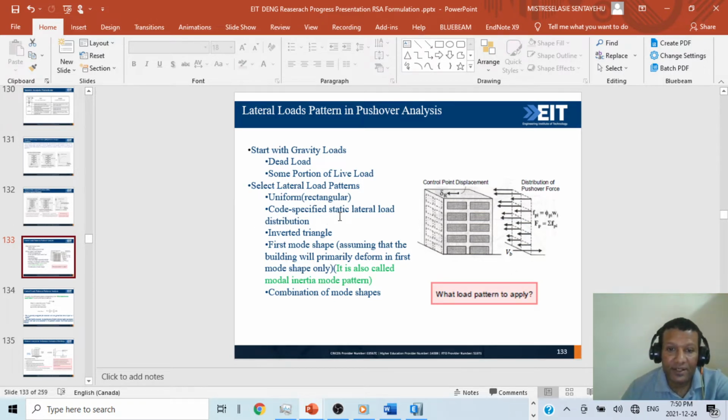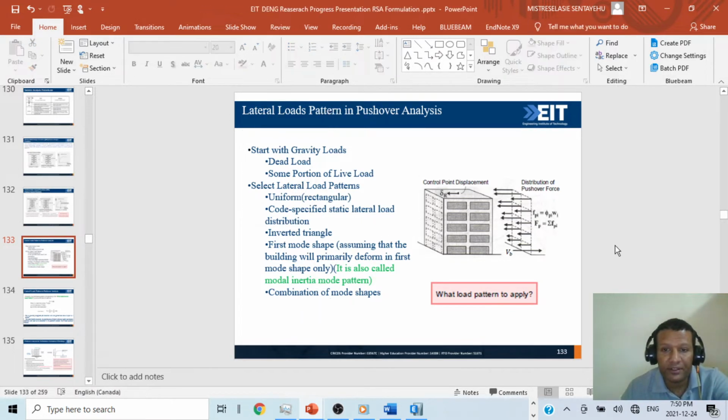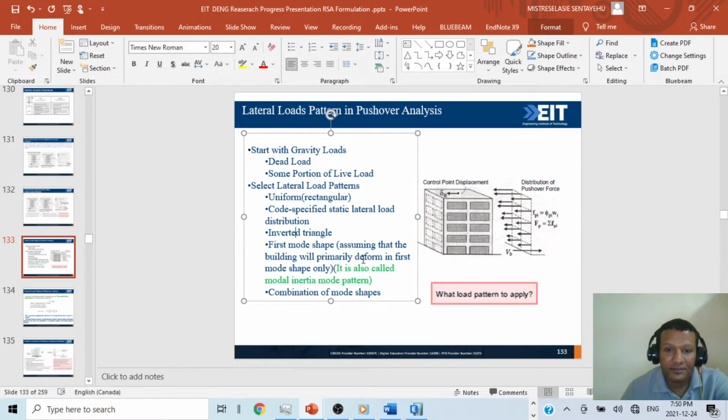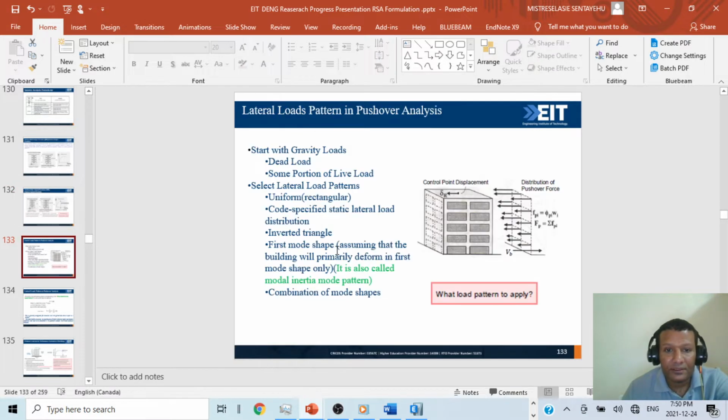Code-specified static lateral load distribution: there are also different codes and different guidelines. Inverted triangle also, as I showed you here in the first, inverted triangle. Again, first mode shape. Mostly we use the first mode shape. Once we complete the modal analysis, classical modal analysis, then we can use the first mode shape from there.